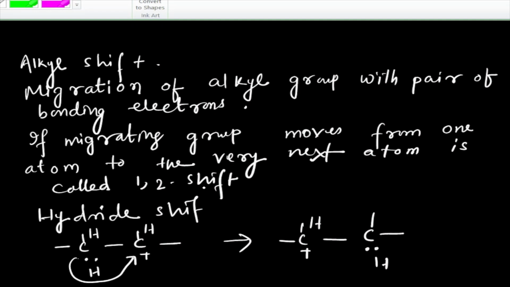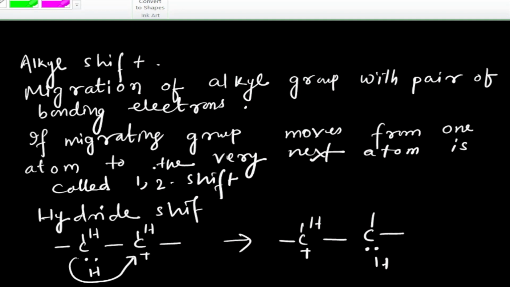First you count as 1 the atom from which the group migrates with its electrons, and 2 is the next, adjacent atom. If it is shifting from 1 to 2, then it is called 1-2 shift.